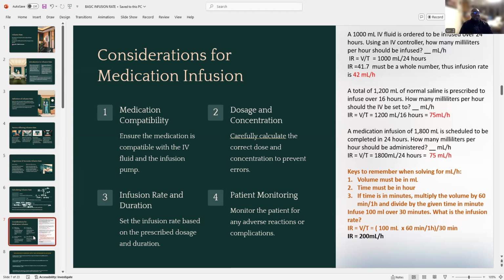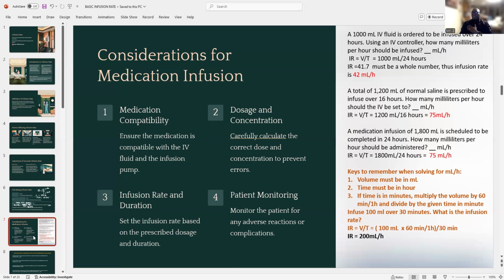You're not going to say, oh, I'll give it only 200 milliliter per hour. No. So your infusion rate, you've got to set based on what the doctor prescribed and the duration as well. So carefully calculate the correct dose and the concentration to prevent any error. We will learn more about this. Do not forget to monitor your patient.